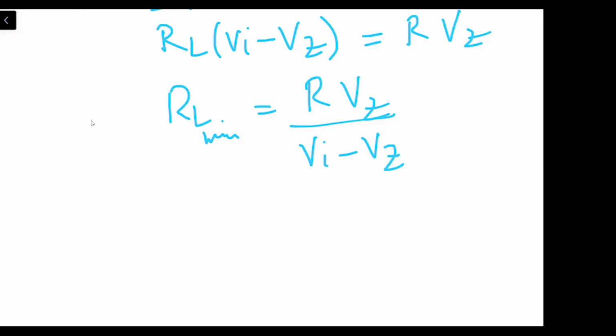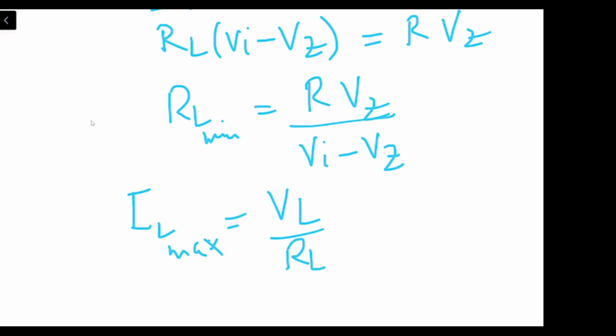Once it is in the on region, we should have the IL maximum, because once we have the minimum value of RL, we will have the maximum value of the current flowing through the load resistance, and that will be equal to VL divided by RL.